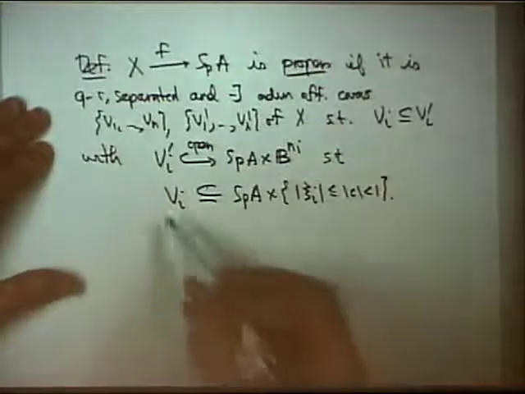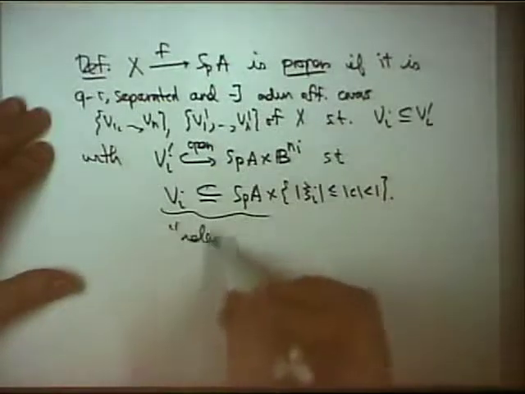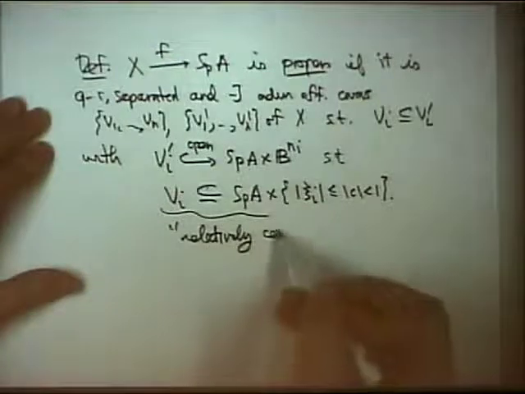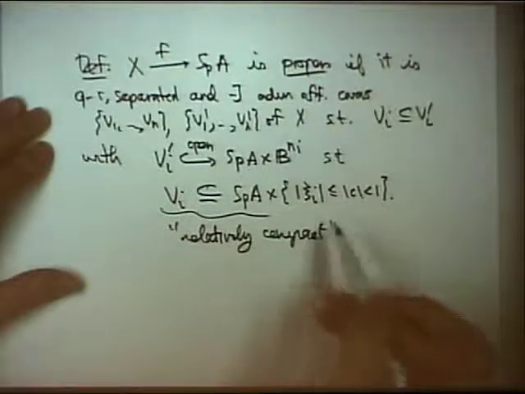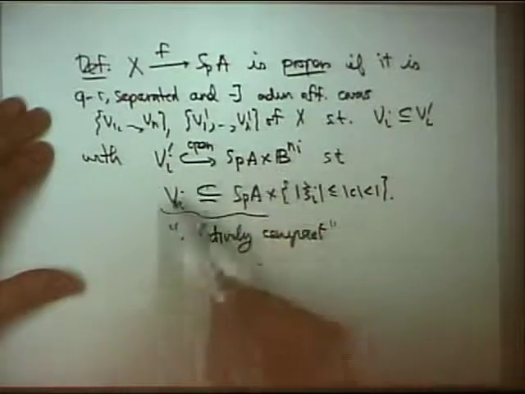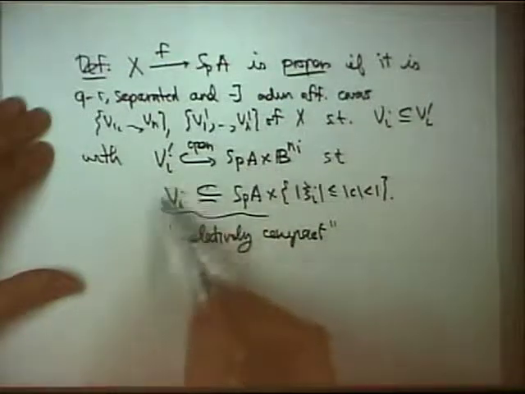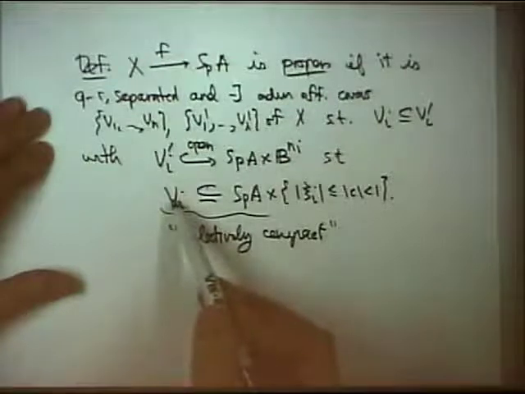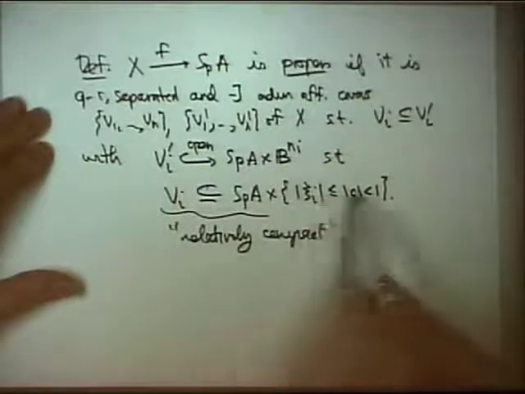Okay? This property is what's called being relatively compact. It says that if we imagine putting this over the base into a family of disks, then this thing has, in some sense, relatively compact closure. On every fiber, it stays inside of a common proper subdisk.